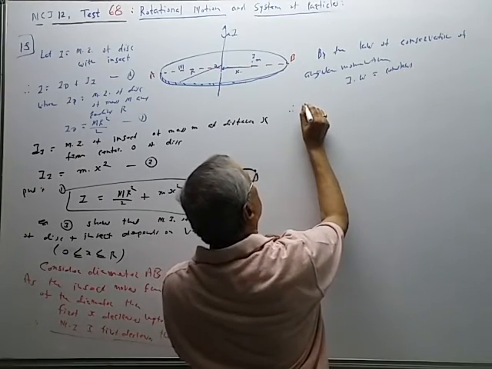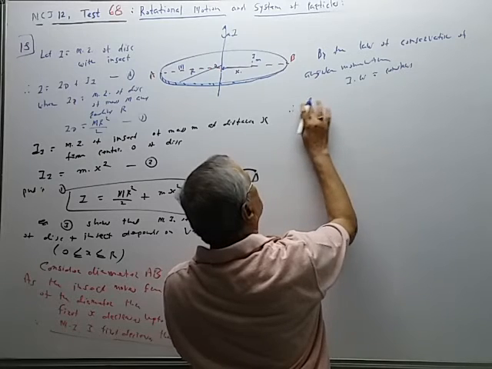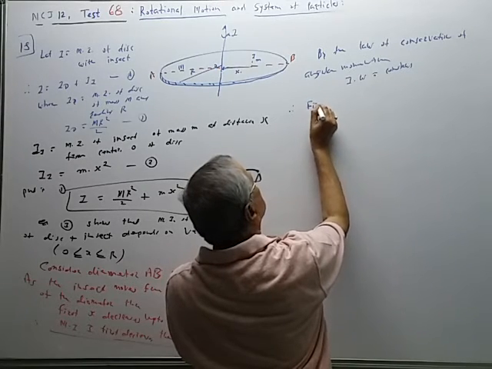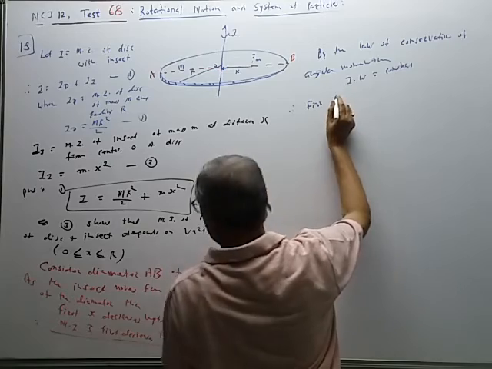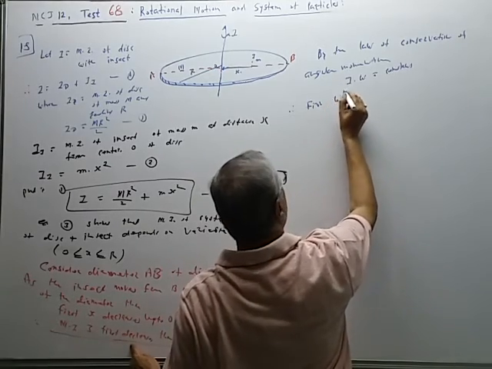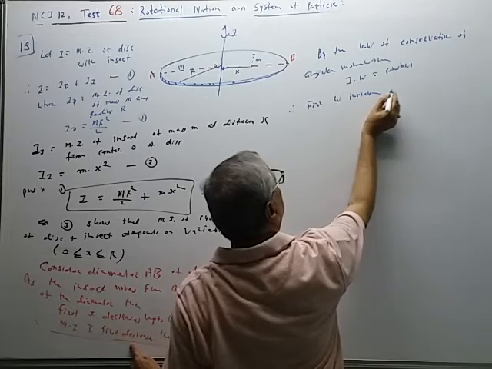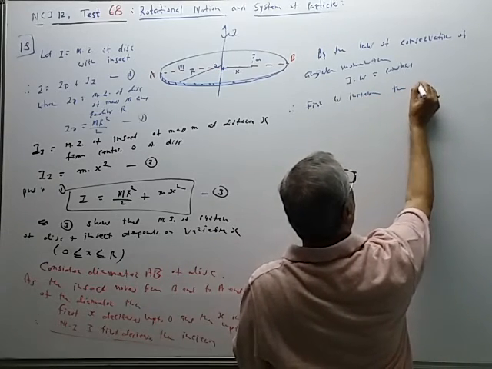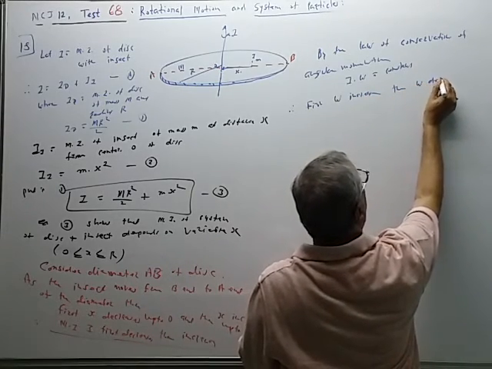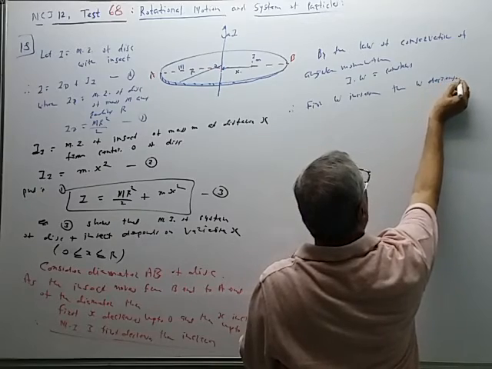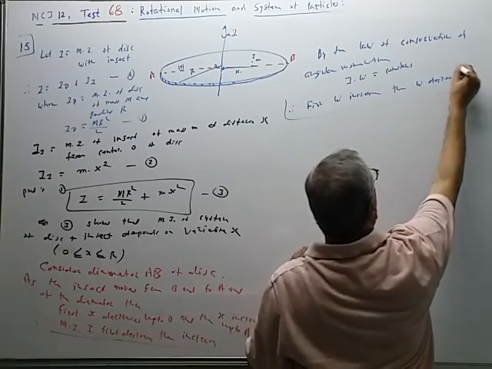Therefore, first I decreases, omega increases, then omega decreases. So this is the correct answer.